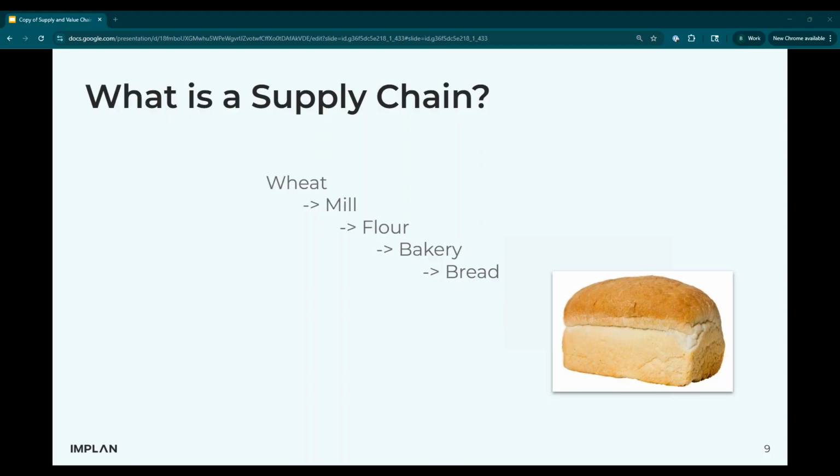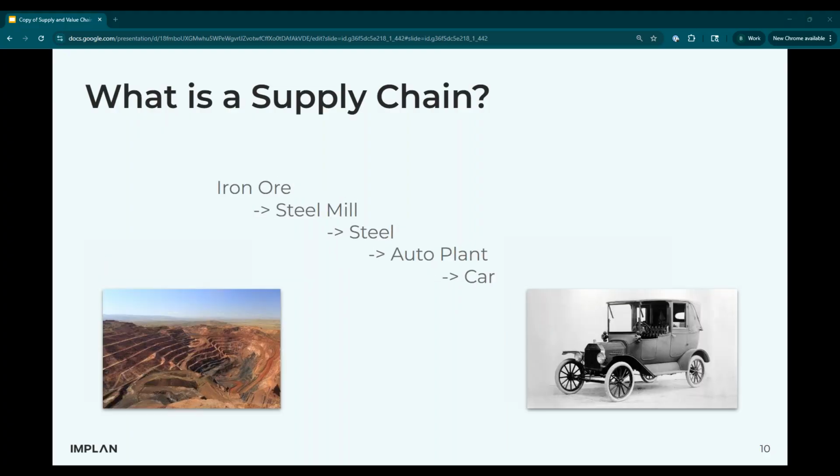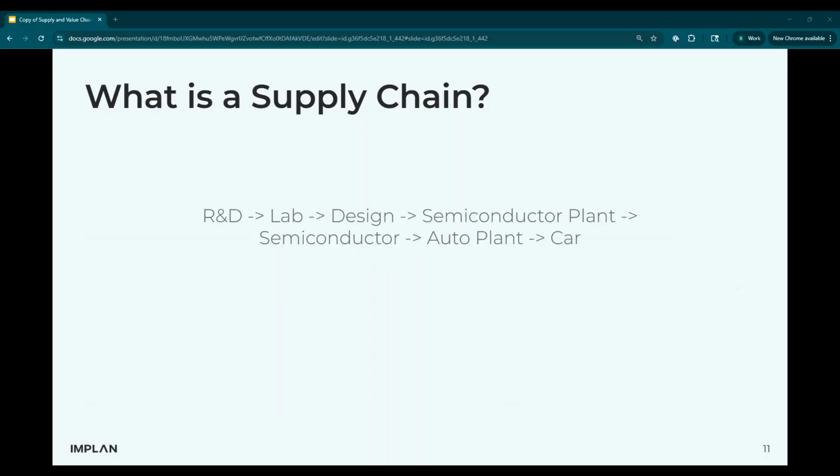So here's an agricultural supply chain. We can think of a more manufacturing-based supply chain. Iron ore is transported to a steel mill where it is transformed into steel and is shipped to an auto plant and transformed into a car, right? This is a simplified process, but just to give a better idea of what that supply chain means.